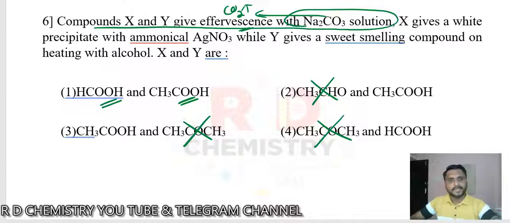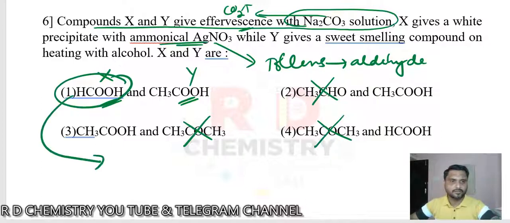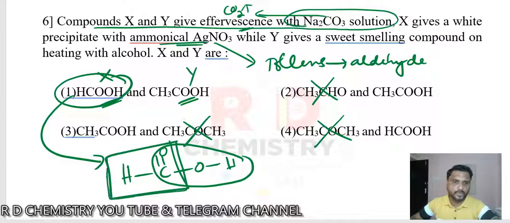Let's proceed. This is the X compound, this is the Y compound. X gives a precipitate with ammoniacal silver nitrate. Ammoniacal silver nitrate is Tollens reagent, which generally reacts only with aldehydes, not with ketones or carboxylic acids. But X is formic acid, with the structure HCOOH. It has a carboxylic acid group and also an aldehyde functional group.